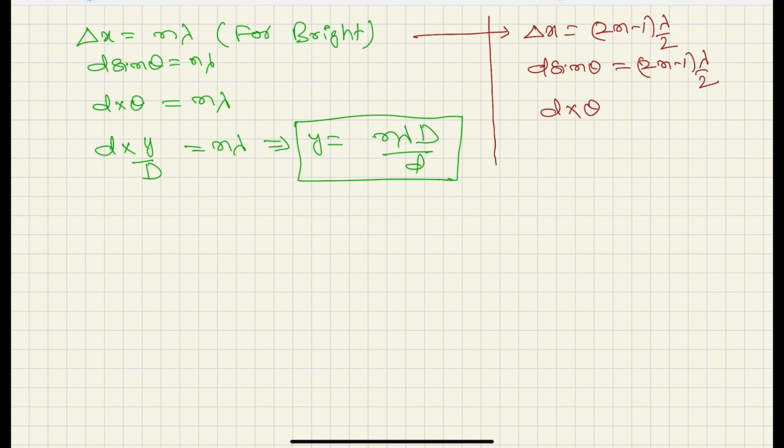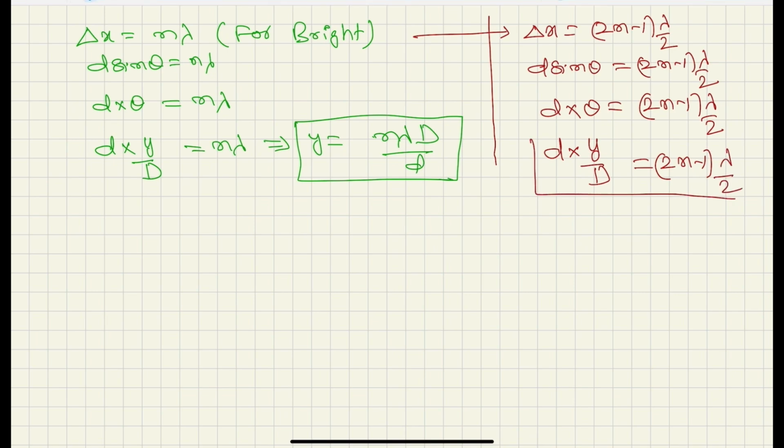D into theta gives d into y by D is equal to 2n minus 1 into lambda by 2. Again y should be the subject, and you will get it for the nth one. So from this, for the fringe width, what do we get?